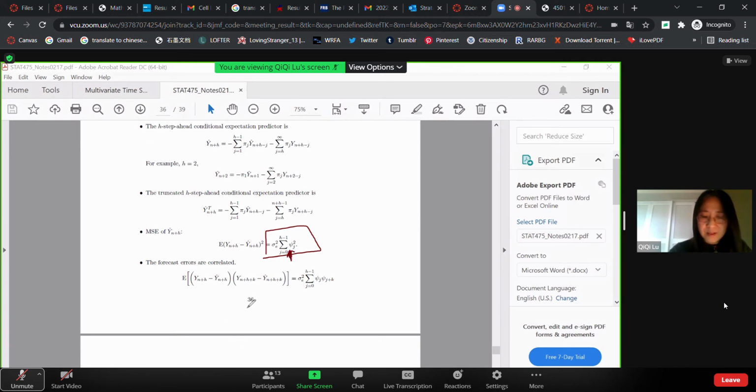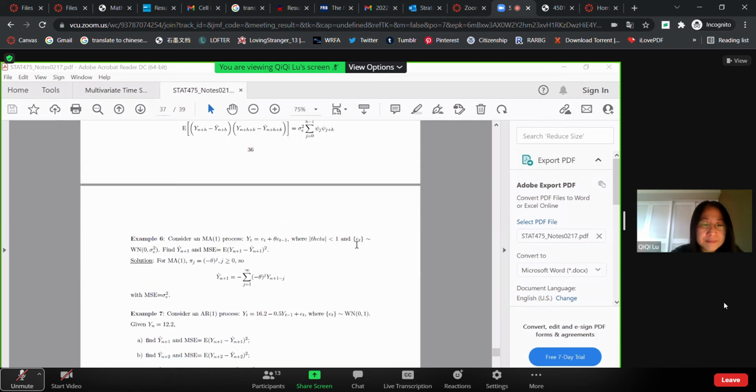And see, your forecast error is uncorrelated with your data y1 to yn, but the forecast errors, see, this is a forecast error for yn plus h. This is the forecast error for yn plus h plus k, a different time, and they are correlated. Forecast error means 0, but it's correlated.